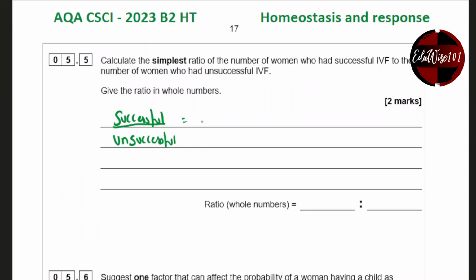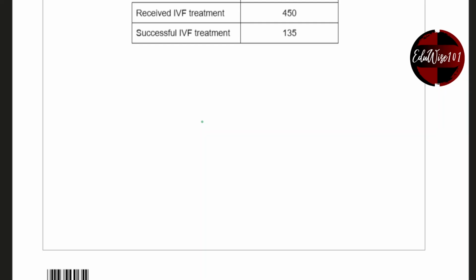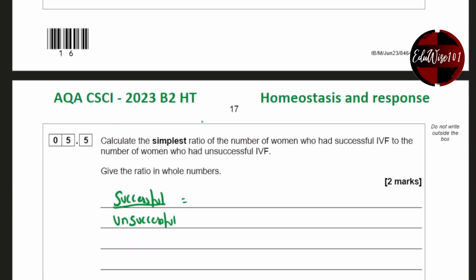So the number of successful was 135. So 135 to 450. And if you put that in the calculator, you get an answer of 0.3. But they want it in the form of a ratio.